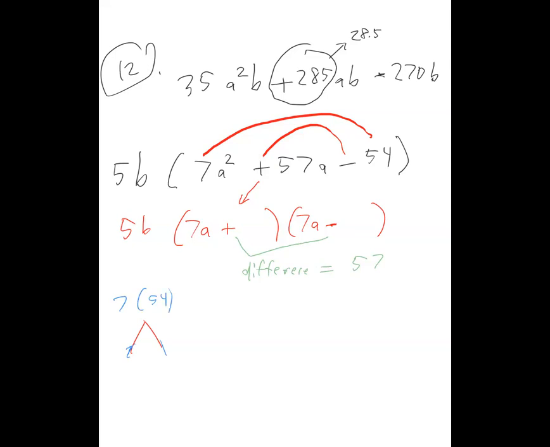To get 378. Well, let's just take it back to 7 times 54, and then let's take it back even farther. So does 54 break apart into anything or not? 9 and 6, exactly. So let's break it apart into 9 and 6. And then does 9 and 6 break apart? Yeah, 3 and 3 and 2 and 3, right? So 3 and 3 and 2 and 3.